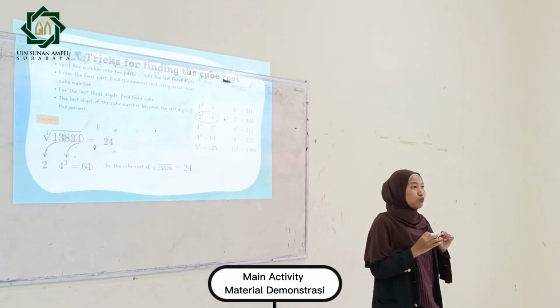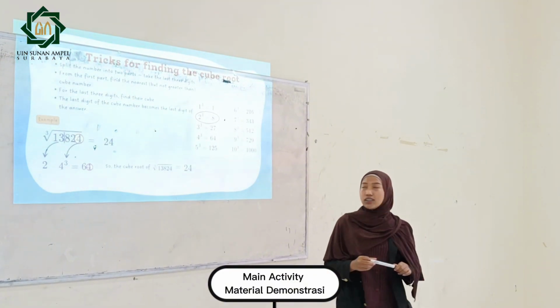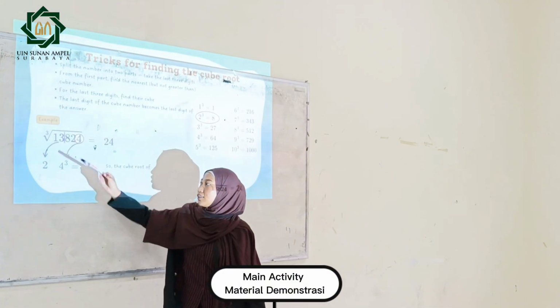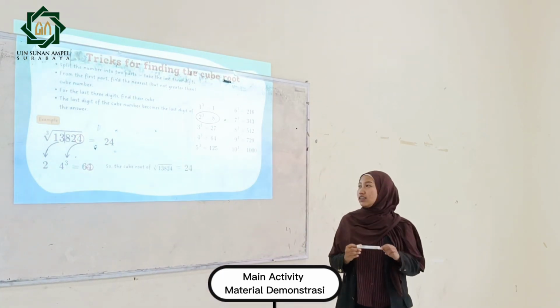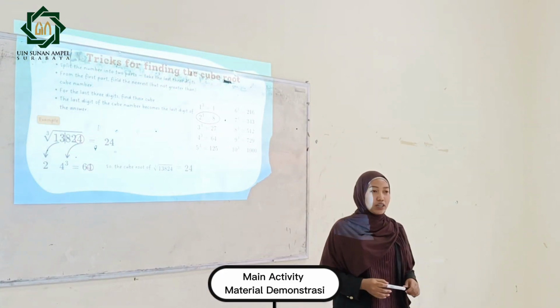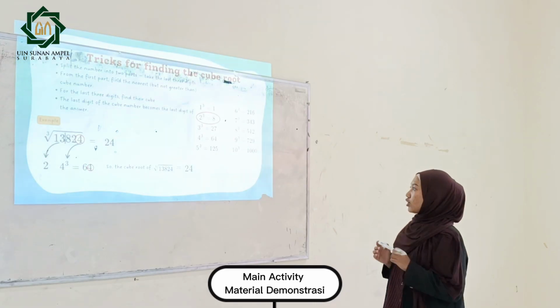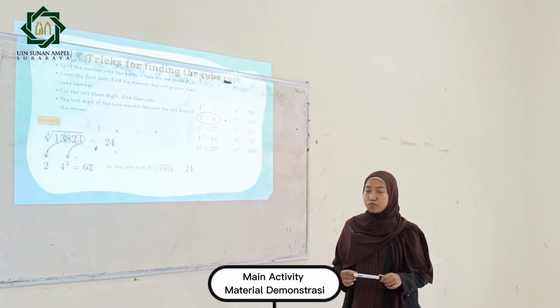Next, look at the first part, which is 13. Find the nearest cube number that is smaller than or equal to 13.